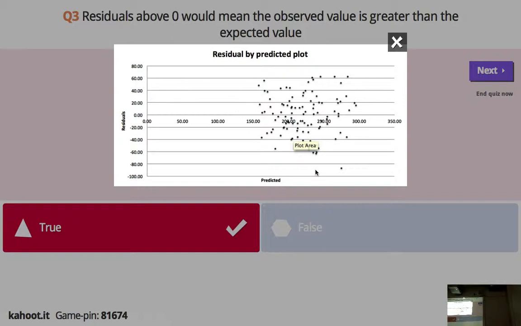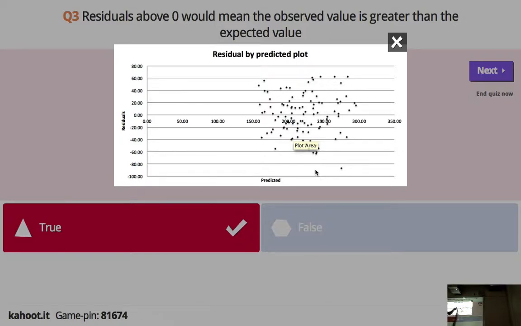Because this is the residual in thousands of pounds. So in our case here, the house was actually priced much higher than our model would predict. The price on the house was 220,000, and our model predicted that the house would only cost 165,000.